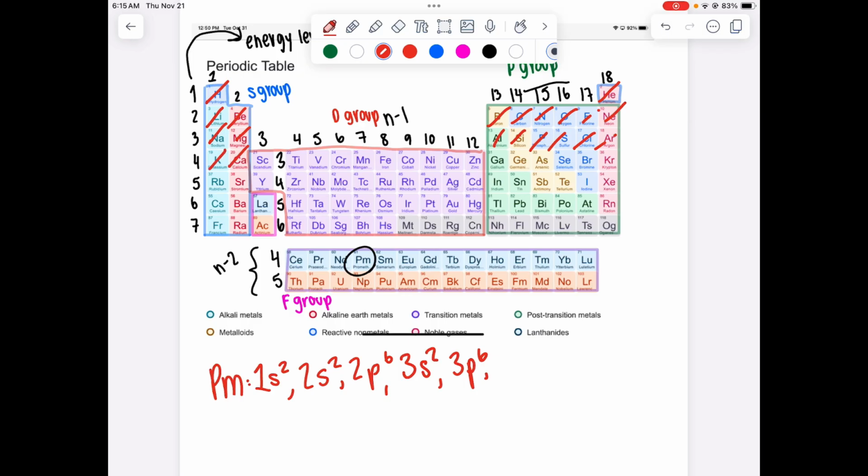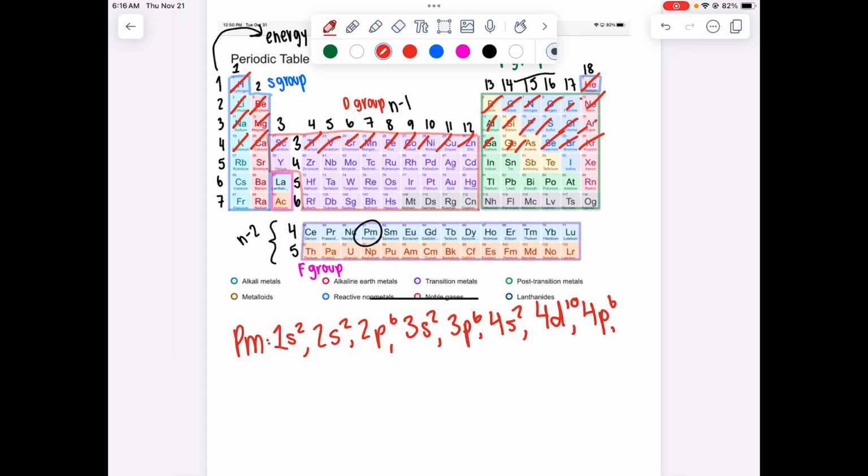So right here, we're still in S, but we're S2. Now since we're going to D group, it's going to change. So it'd be 1, 2, 3, 4, 5, 6, 7, 8, 9, 10. So it'd be 4D10. And now here, 1, 2, 3, 4, 5, 6. This P group, so it's 4P6.